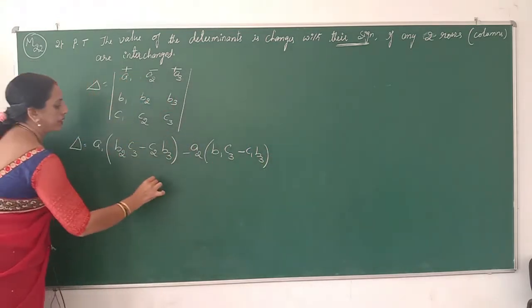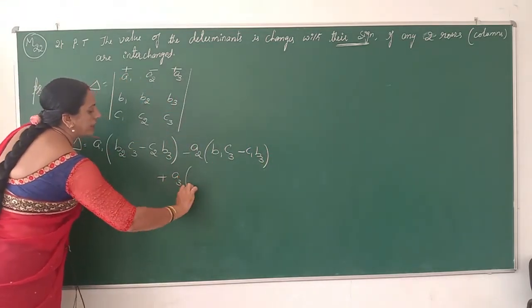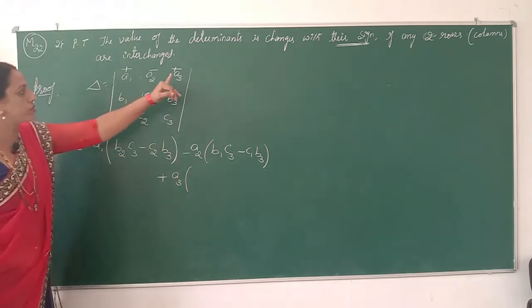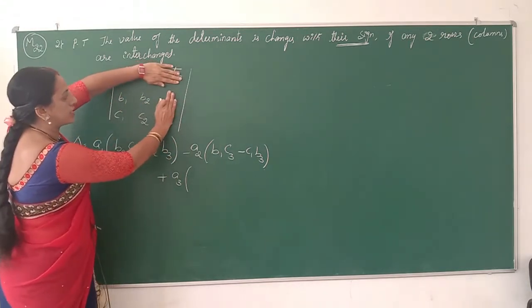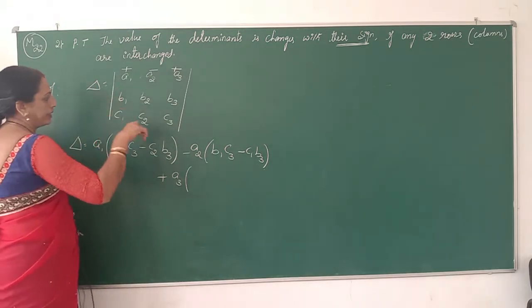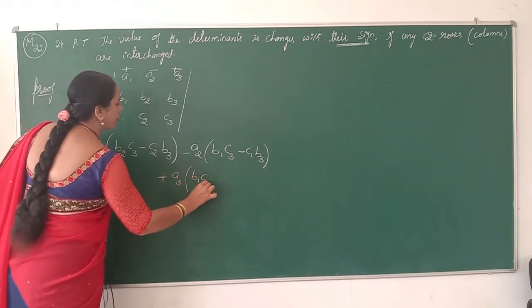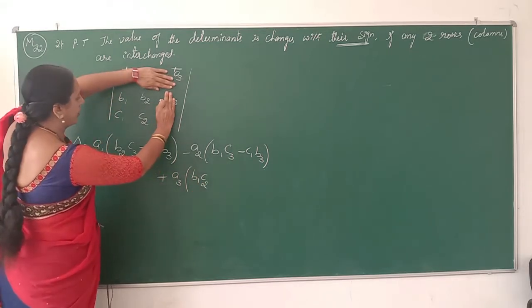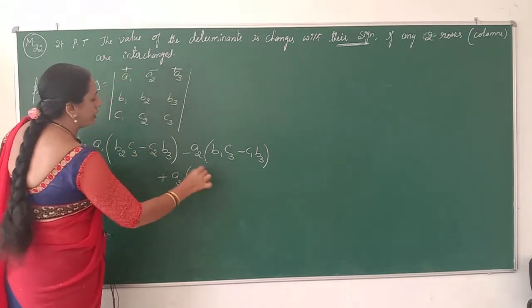Similarly, the third element is A3, an element of the first row, third column. These are neglected and the remaining are cross multiplied: B1 C2 minus C1 B2.